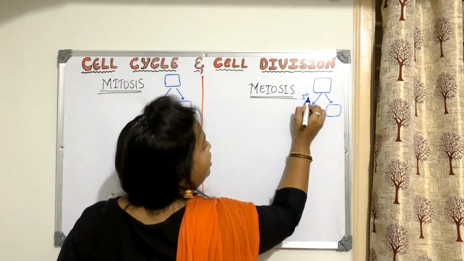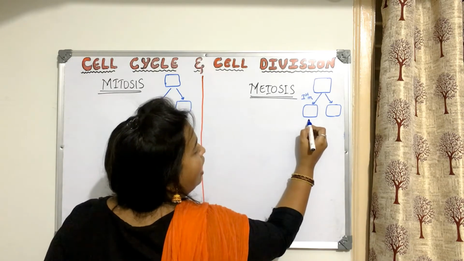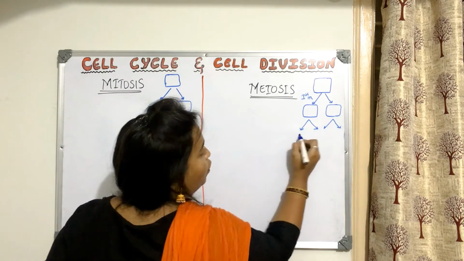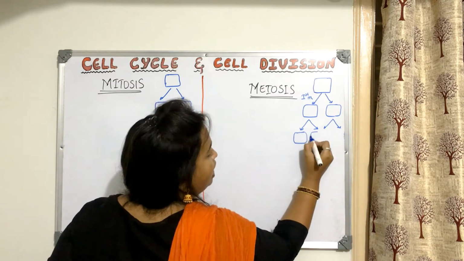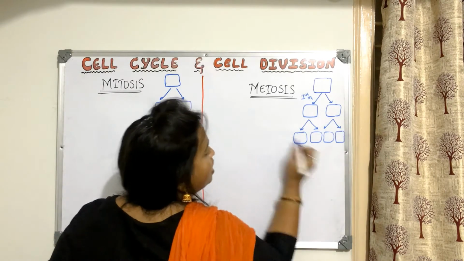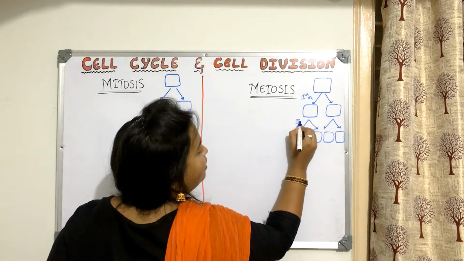This is the first meiosis. Then again these will divide into two, and it forms a total of 4 cells. This is called the second meiosis.